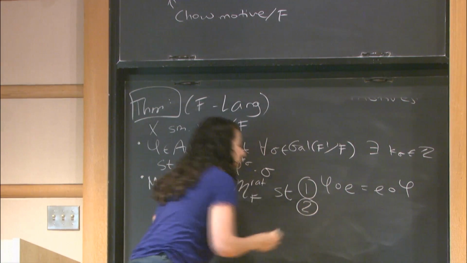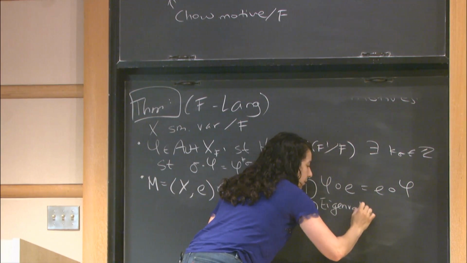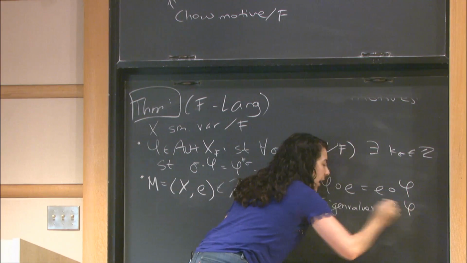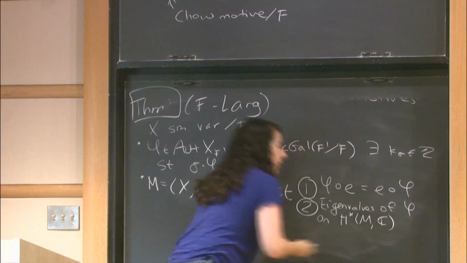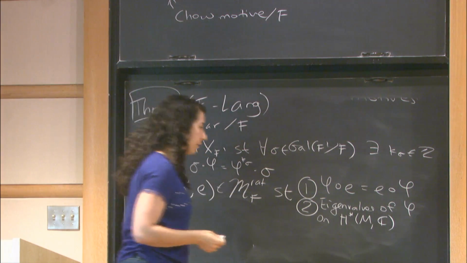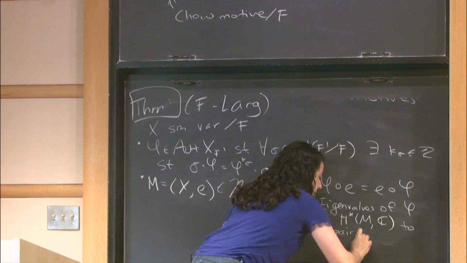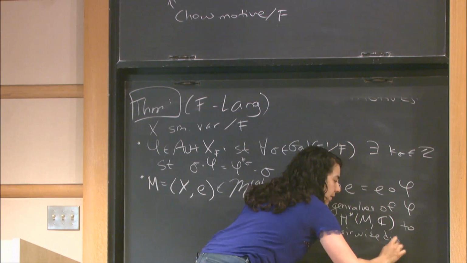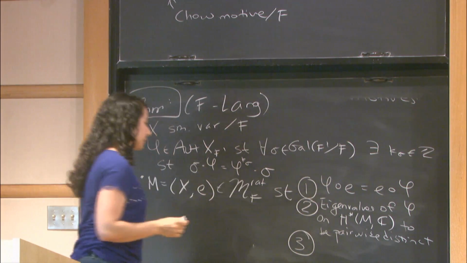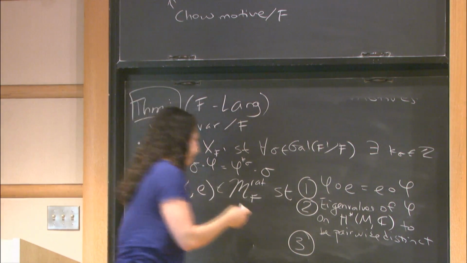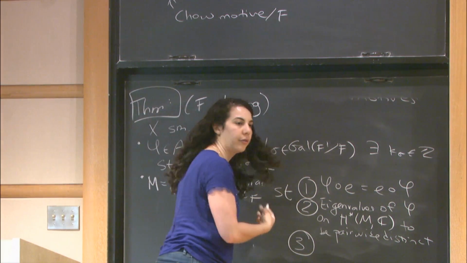2, I want the eigenvalues of phi on the singular cohomology of my motive to be pairwise distinct. And 3, as I said over there, right, I want to start with some kind of modularity result for this motive, right?